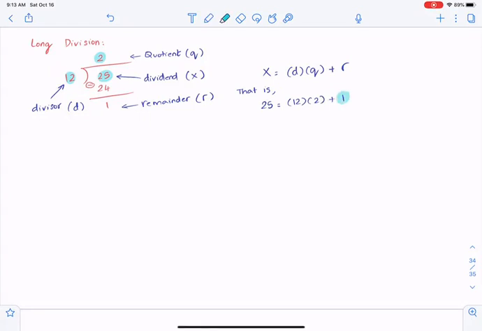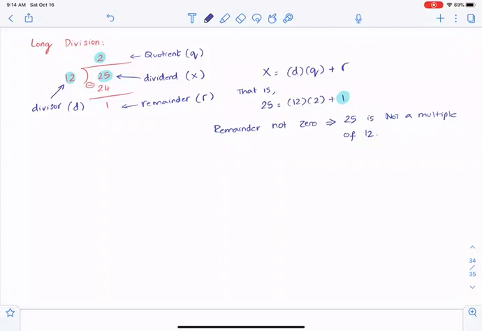Notice the remainder is not 0. If the remainder is not 0, it simply means that 25 is not a multiple of 12. That is the simple way of looking at long division with numbers.